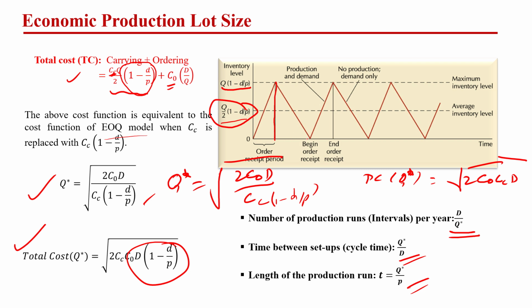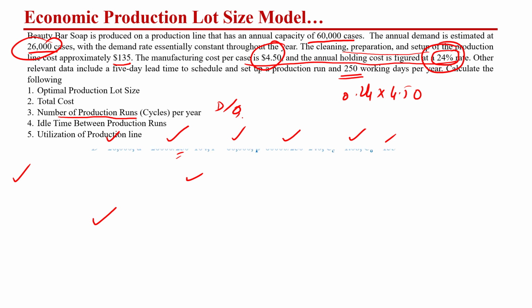in order to start producing the next one. The concept we are using is the length of the order cycle time minus the length of the production run, or you can say the production time.